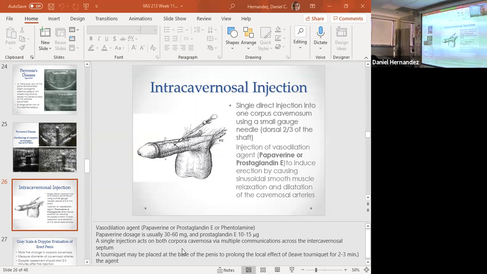A single injection acts on both corpus cavernosa via multiple communications across the intercavernosal septum. A tourniquet may be placed at the base of the penis to prolong the local effects.